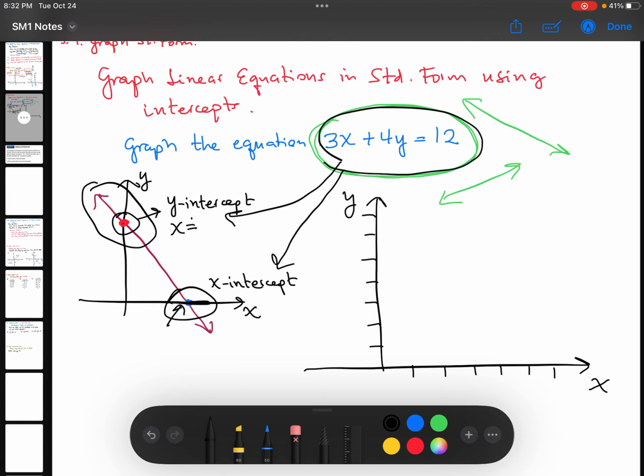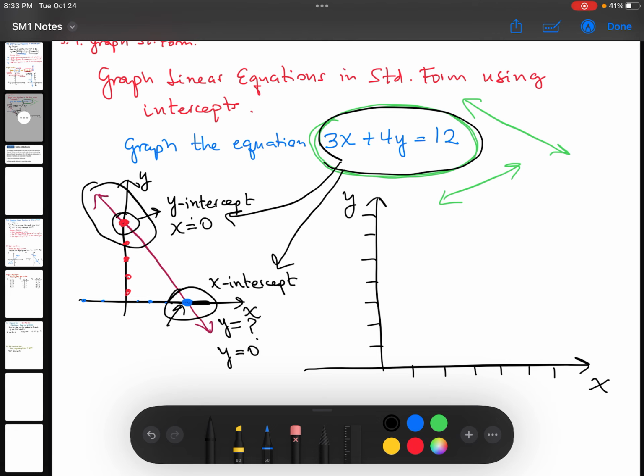No matter where you are in here, guys, can you see that the x value is 0? Yes. And how about the x-intercept? No matter where it is located, how about the y value of any point located on the x-axis? Yes, you're right. y equals 0.